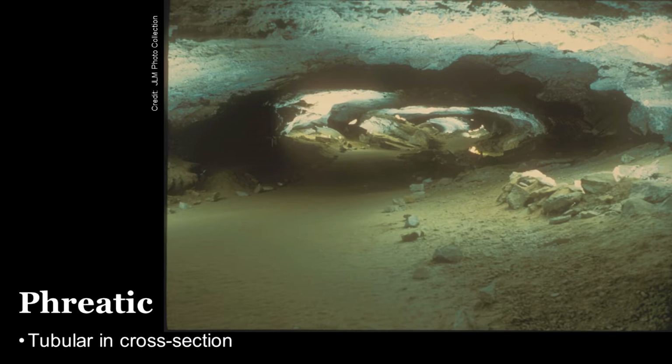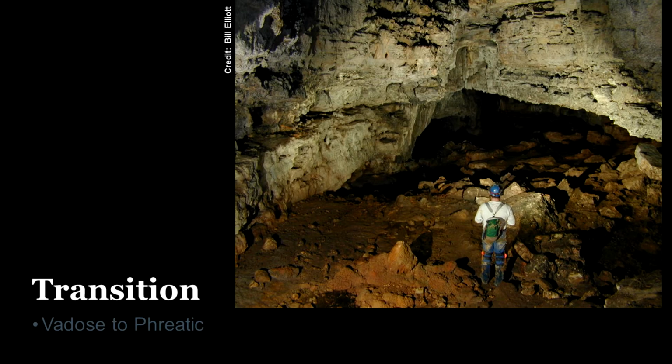Forces have moved it up out of the water table, or the water table has dropped because climate changed or other external factors, and now this phreatically formed passage is exposed in a vadose environment, a non-saturated environment. But nonetheless, when we talk about vadose and phreatic, we're really focused on what mechanisms formed those passages, whether they formed above the water table or below the water table.